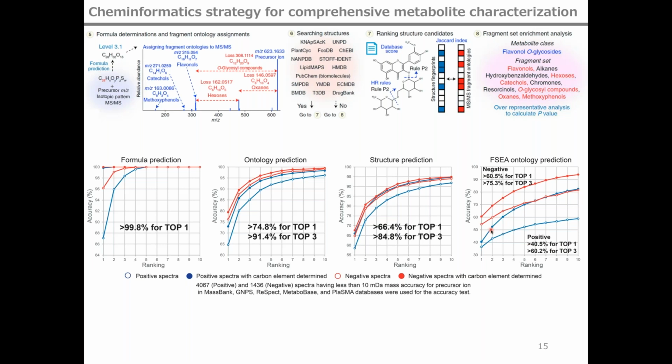And importantly, all these slides show that the accuracy of structure elucidation is not perfect. So it does not reach 100% accuracy. Therefore, we have to fill this gap to achieve more accurate prediction of structures.